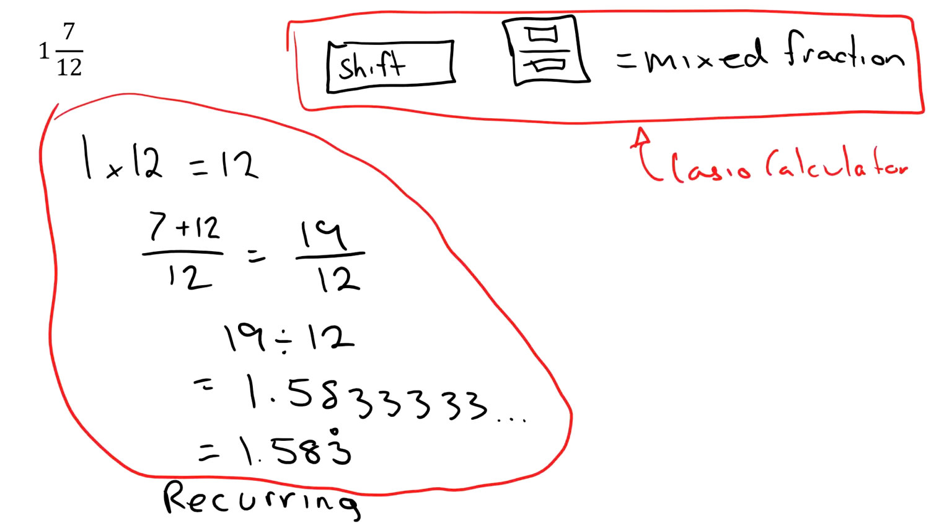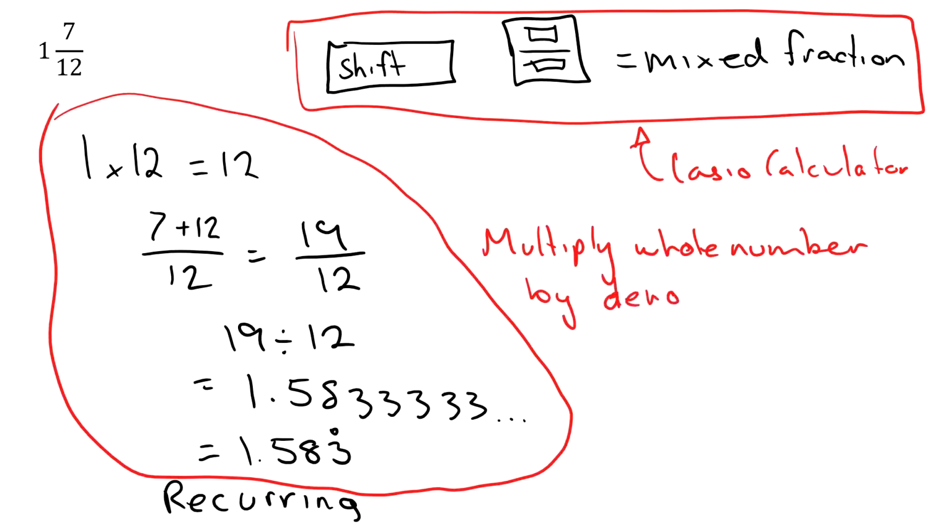Both ways work. You multiply your whole number by the denominator and add it to the numerator.